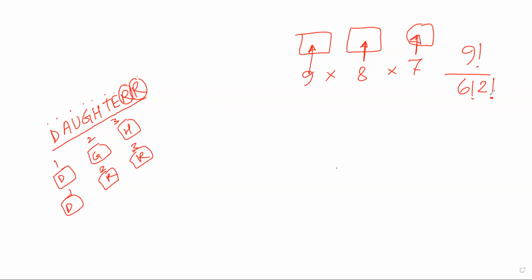If there are n number of things, but p number of things of one particular type, q number of things of another particular type, then we divide by p factorial, q factorial, etc. As there are two R's which are of the same type, we have to divide by 2 factorial. Understand my point?